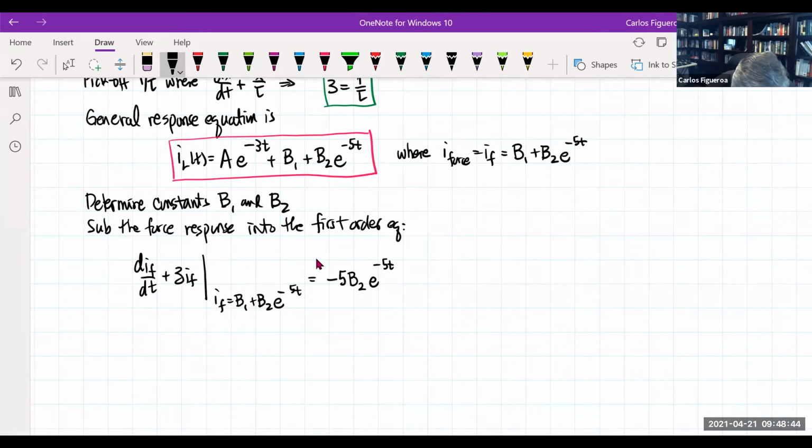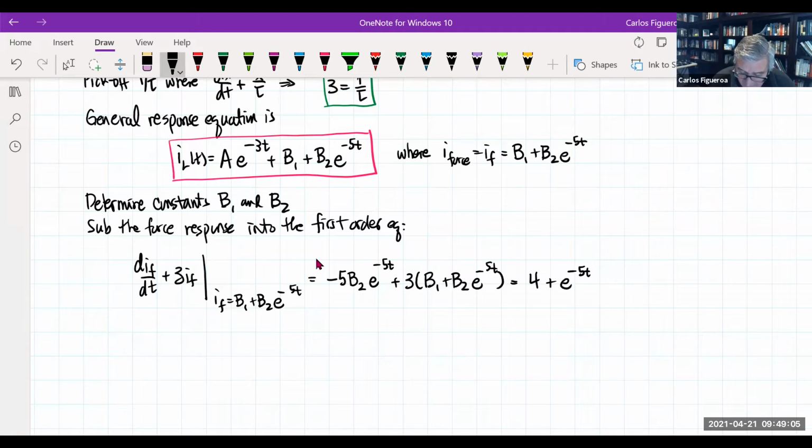And then I get my second term, which would be 3 times B1 plus B2 e to the minus 5t. And then the right hand side, we're forcing these to match the solution. And that differential equation should be 4 plus e to the minus 5t.